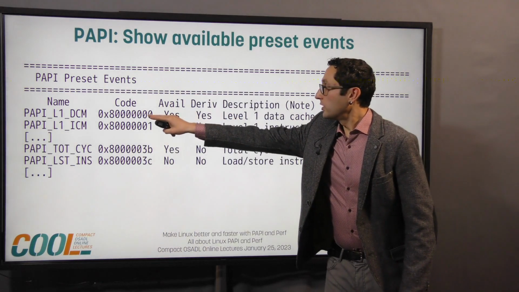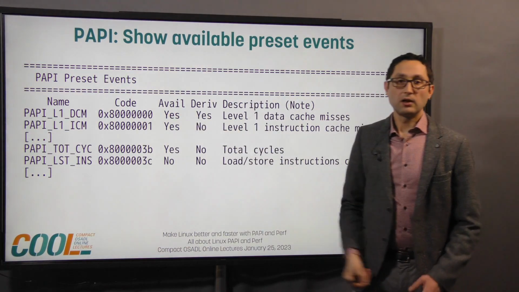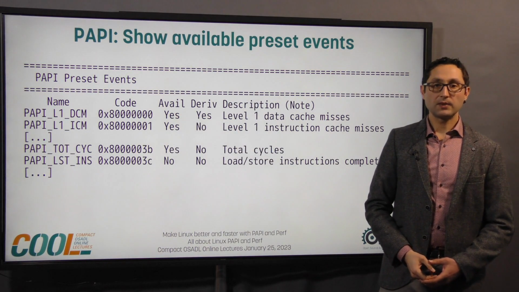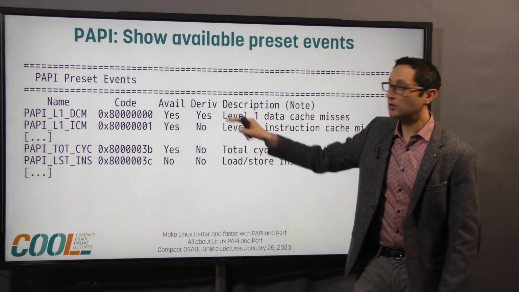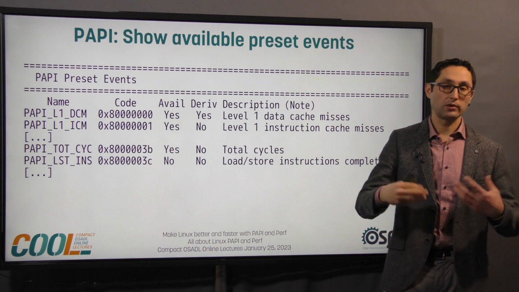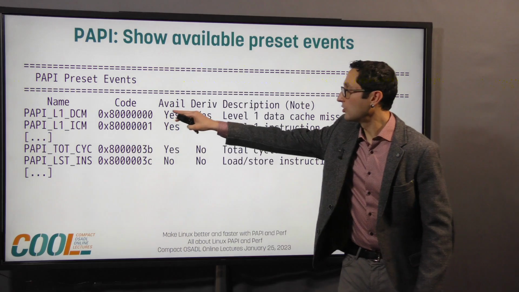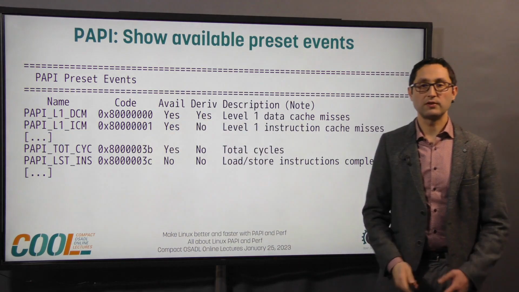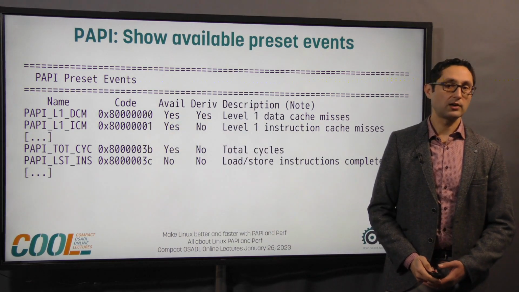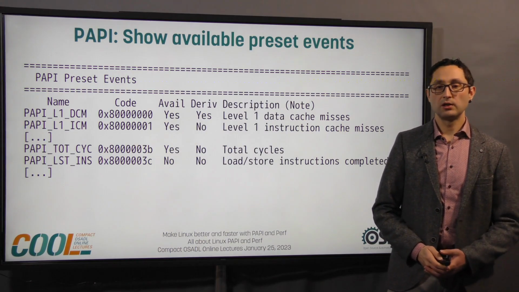Right here in the very first line, we can also see a derived event, the data cache misses. The derived yes here means that this counter is derived from more than one native event. But once again, it's a common naming scheme with the preset events. And roughly, I think, 100 native events are provided by default by libpapi.